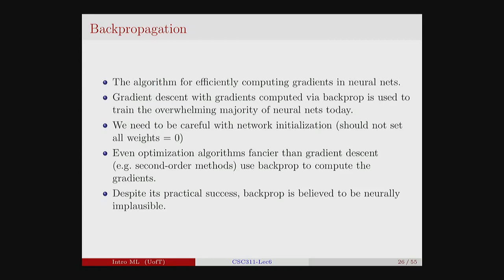Gradient descent with gradients computed via backprop is basically the primary workhorse of every neural network that you see today. When you start learning neural networks, and you'll do some of it in this class, but you'll do most of it in 413, you have to be really careful about how you do this optimization.